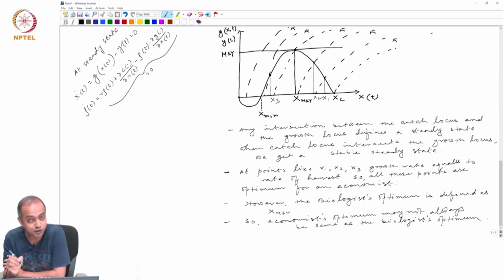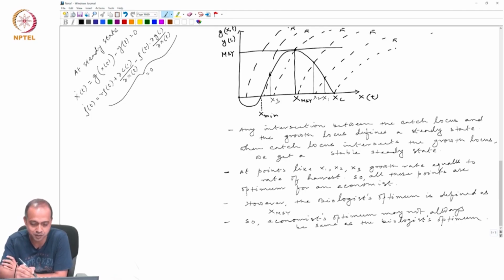There are multiple optimum points for the economists where growth is actually equal to harvest, x1, x2, x3, they are all economist optimum. But there is only one point where economist optimum and biologist optimum are converging to each other. What is that?